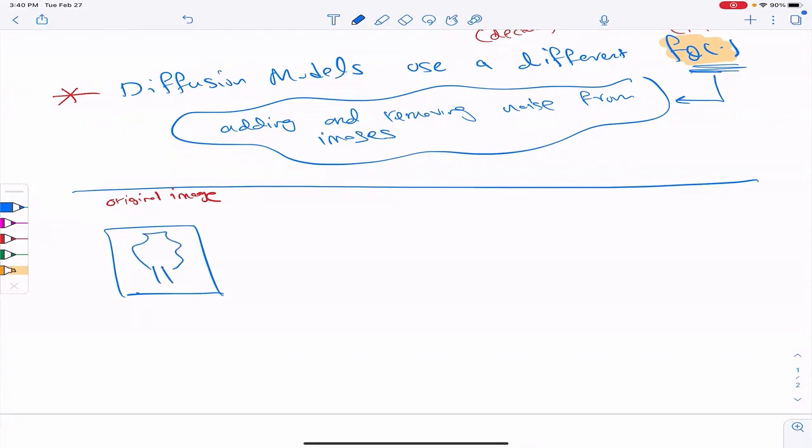Let's say it's an image of a tree. This sample comes from a distribution, as I mentioned, called Q data. The problem is that we don't know this underlying distribution. That's the whole issue we are trying to deal with when we talk about generative models. So this is unknown.